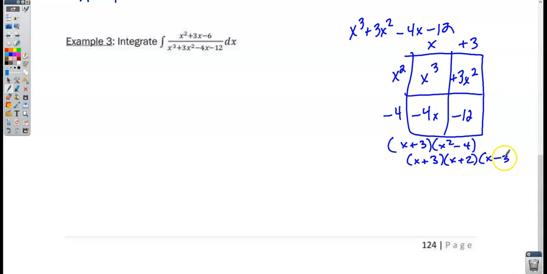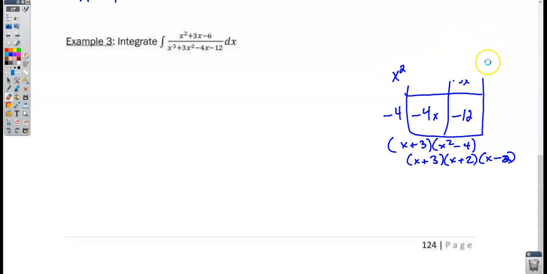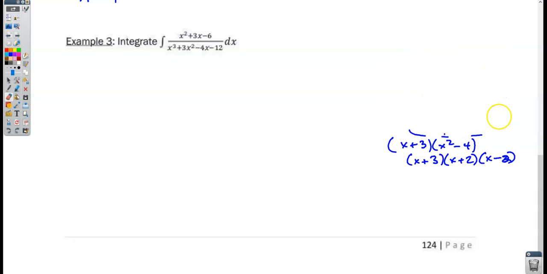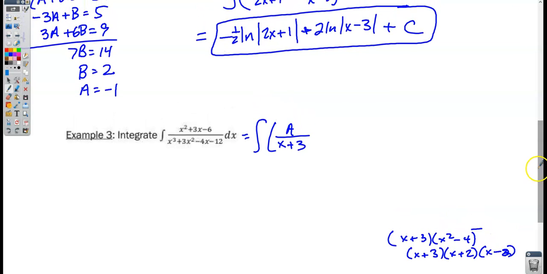And so this is going to be quantity x plus 3 times quantity x plus 2 times quantity x minus 2, which means, now that I have that factorization, that I'm going to decompose this expression as the integral, and I'm going to put a constant factor A over x plus 3, and then B over x plus 2 and C over x minus 2.